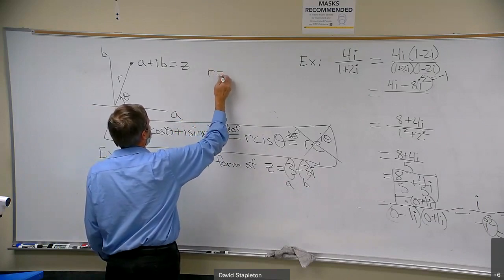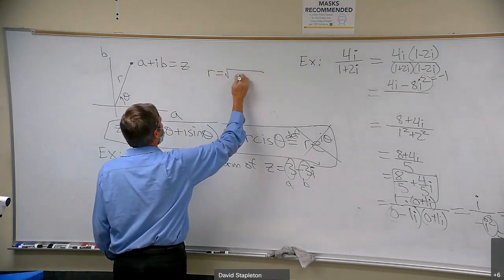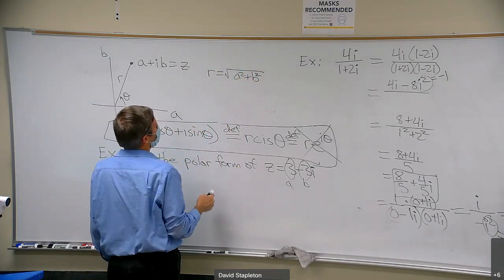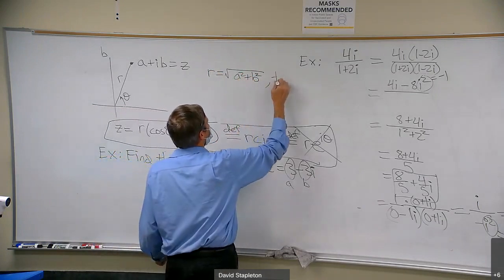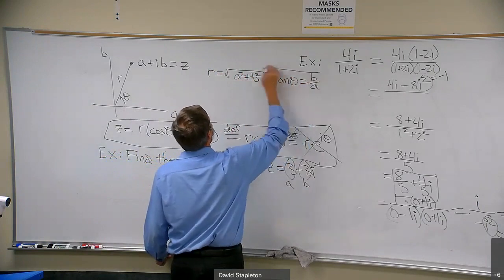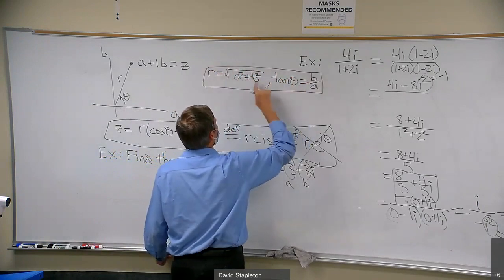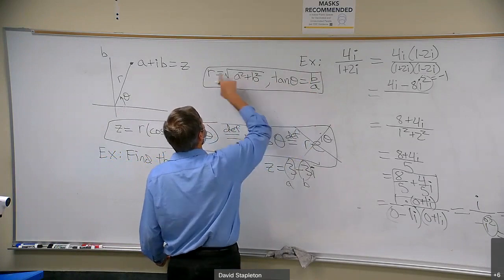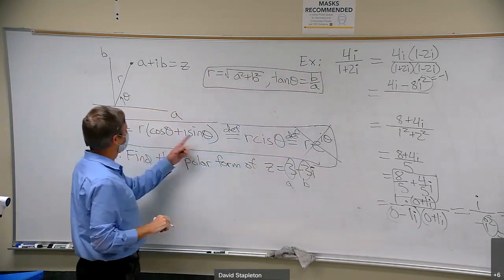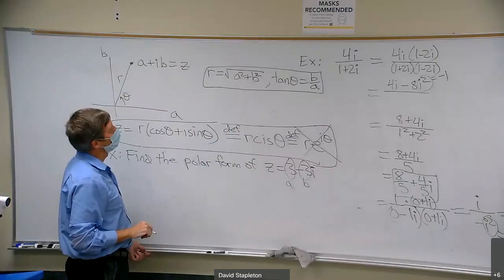We just take the positive version. r is the square root of a squared plus b squared, instead of r equals the square root of x squared plus y squared. And tangent theta, instead of y over x, is b over a. That converts from the point a, b in the complex plane to r, theta, the polar form for the number.